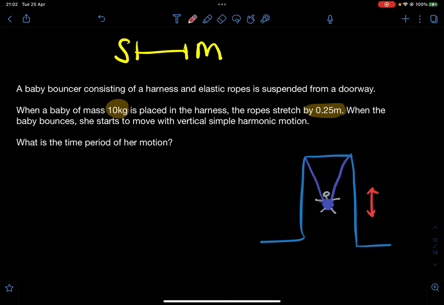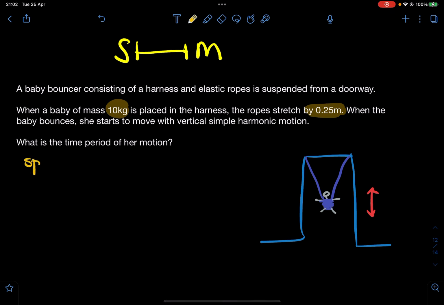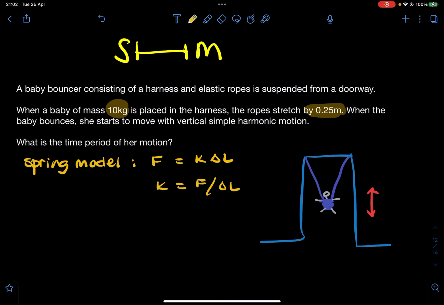So if we treat the bouncer as a spring, we can say F equals k delta L, and we can find the spring constant of this elastic rope. So it's simply F divided by the extension.